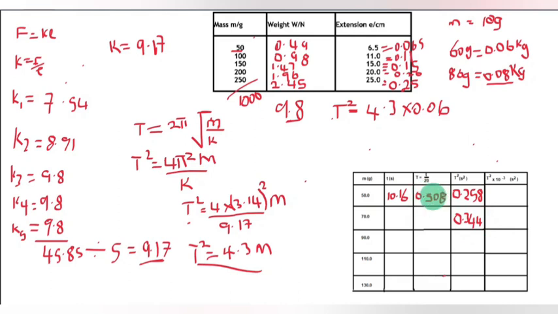Now to obtain this, I'm going to take the square root of this, and the square root of this is going to be 0.587. Now to obtain T, I'm going to multiply 0.587 by 20. So that is going to give me 11.74.